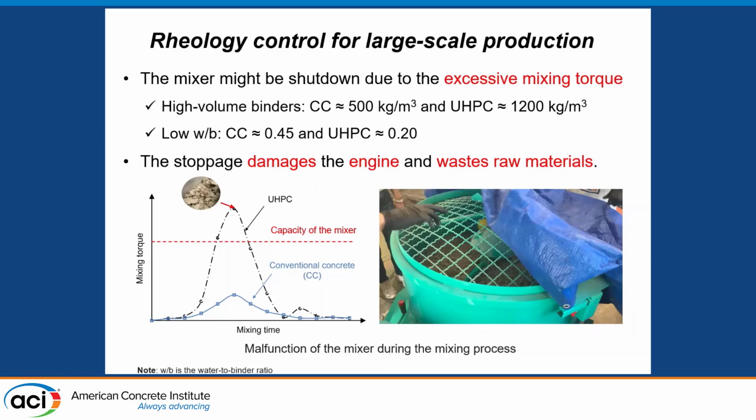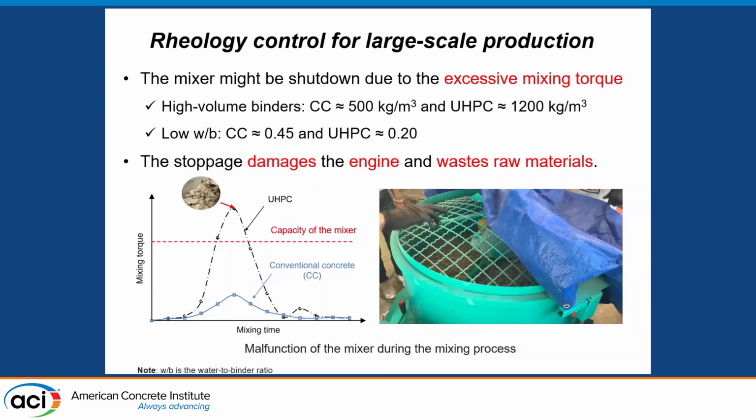This is mainly because conventional concrete has a high water-to-cement ratio. If you investigate the mixing torque over the mixing time, the mixing kinetics, you will see that the peak mixing torque for conventional concrete is low, far lower than the capacity of the mixer. So it's easy to mix without any problem.